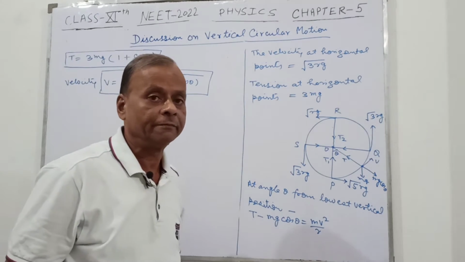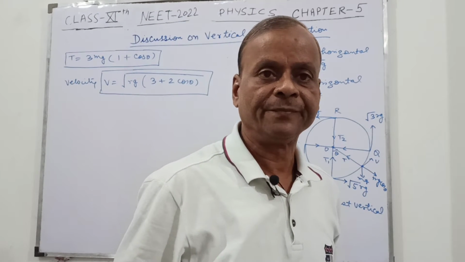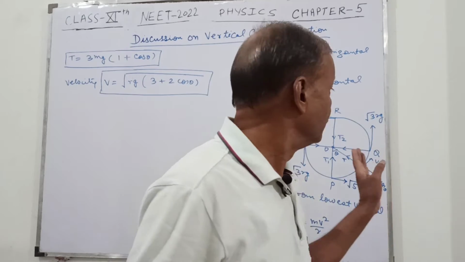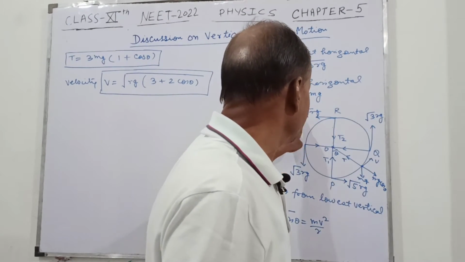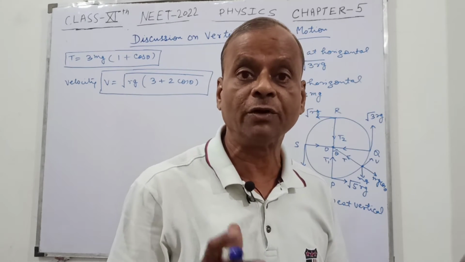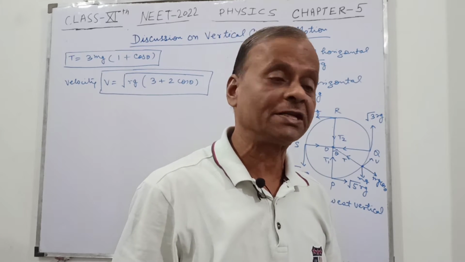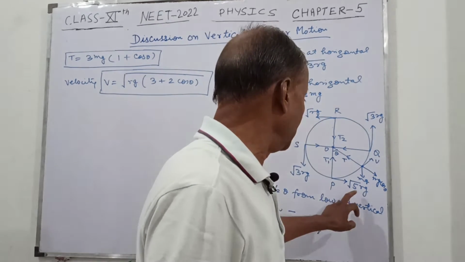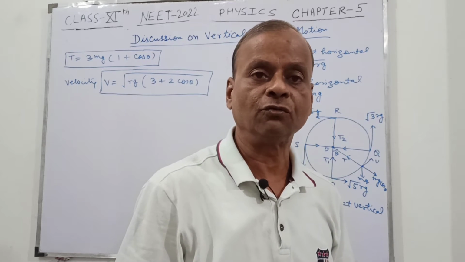Here I have taken that the velocity at the lowest point is square root of 5rg, and at the highest point the velocity is square root of rg. This is the critical one. This is the one special case. If the velocity is less than this velocity or less than this, there will be no vertical circular motion.